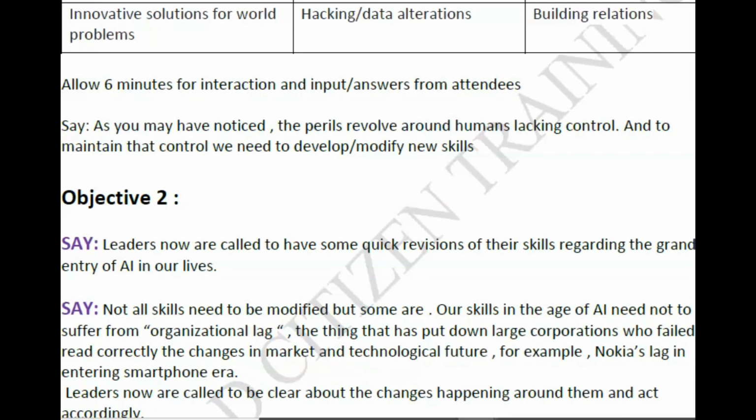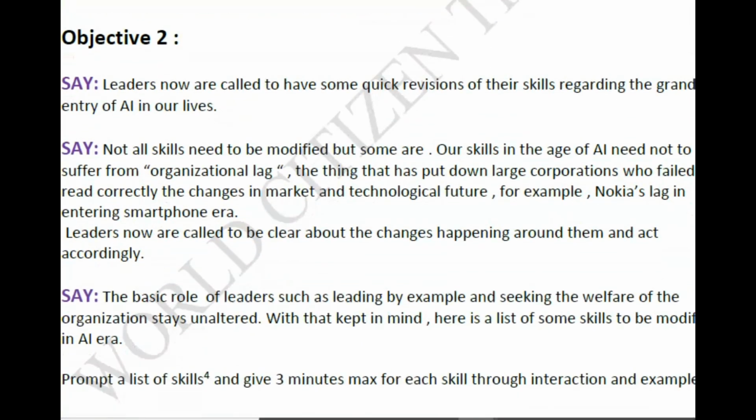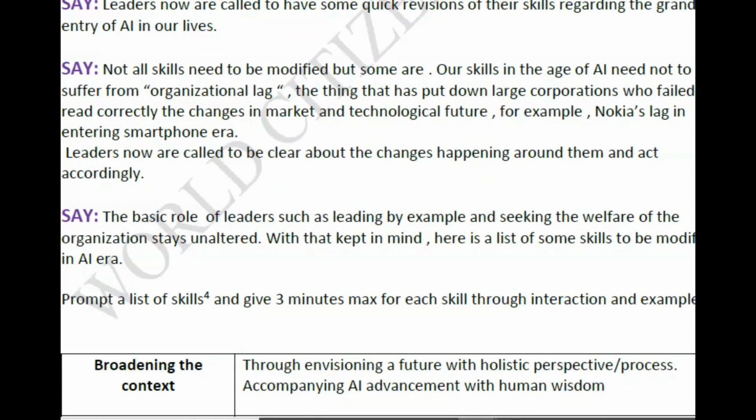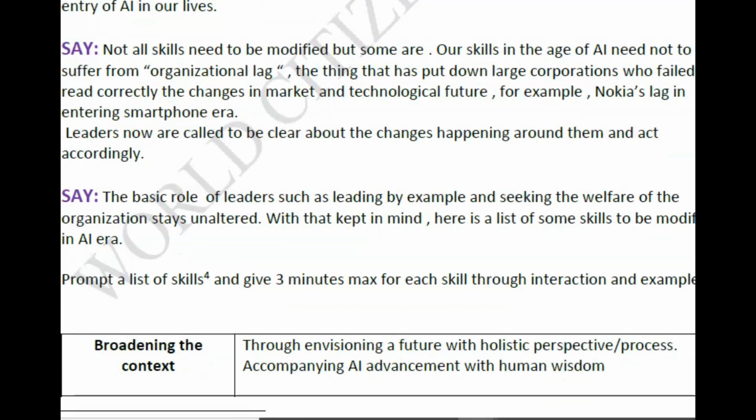So we have to be able to be clear about what's happening around us and to adapt and anticipate and act accordingly. So the basic role of leaders seeking the welfare of an organization has not changed, even though technology has changed. So here is a list of some skills that we need to think of as leaders.